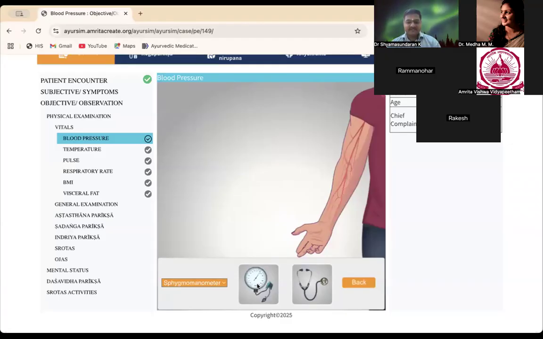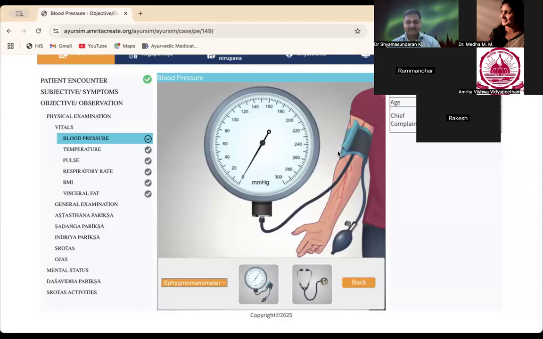So this is the learning: you have to place it properly. Only when you place it at the right place, the sphygmomanometer will stay there. If you don't place it at the right place, it will come back. That is also very important learning for the student. Then you have to place the stethoscope at the right place. If you place it in the wrong place, it will not stay there. So you have to place it properly.